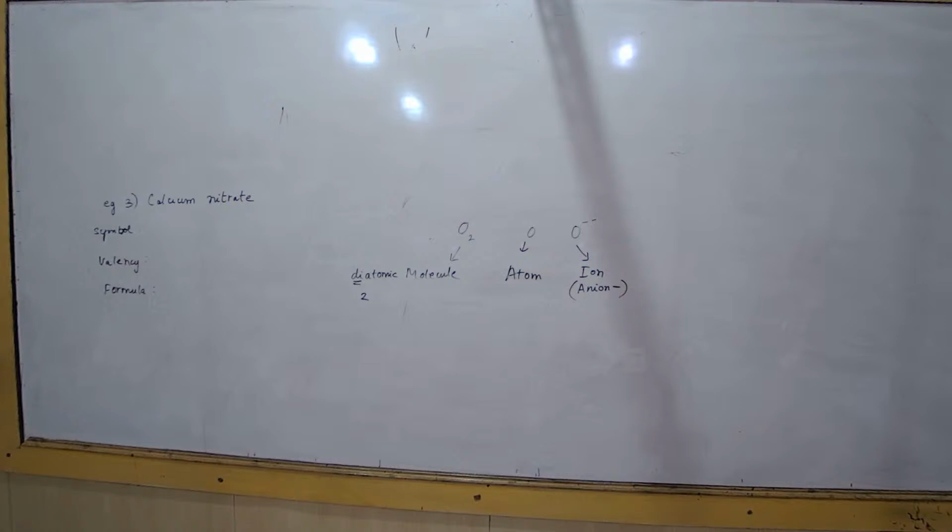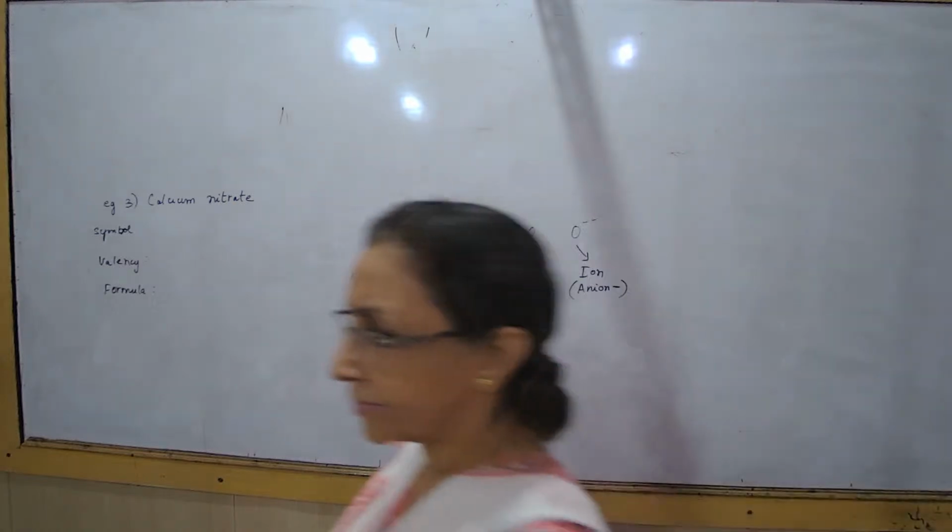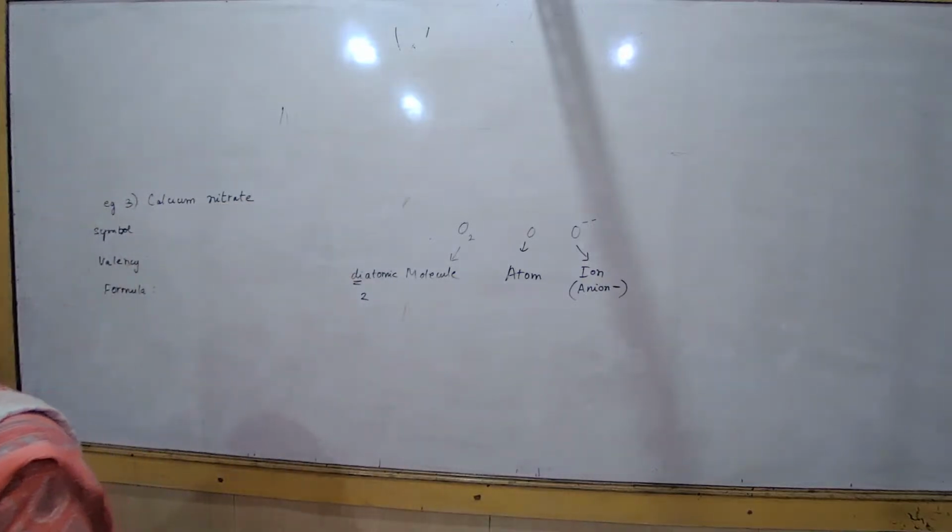Abhishek, that is wrong. Whatever you said, calcium is Ca2 plus. Nitrate, I am giving you. Nitrate, not nitrite. Did you look at nitrite or nitrate? Okay. Ca3 and two molecules, two atoms of NO3. That should be in bracket. Now you see how to do it.